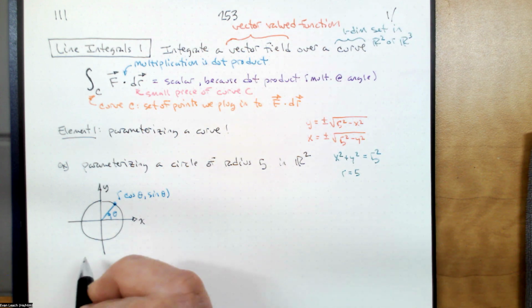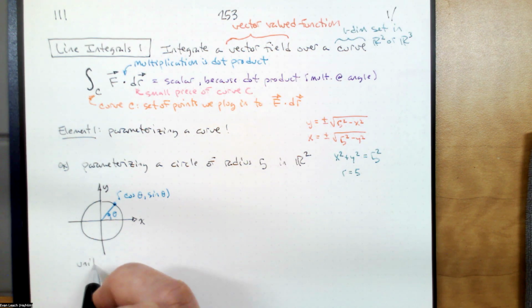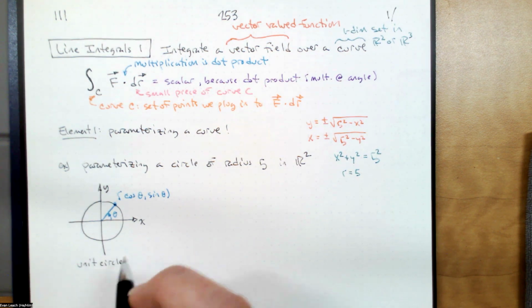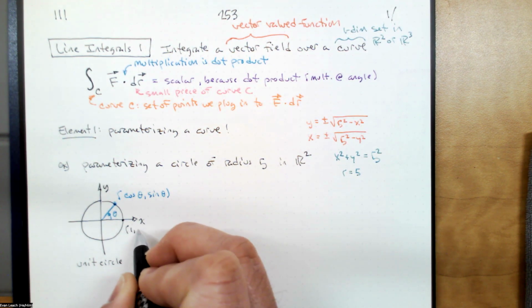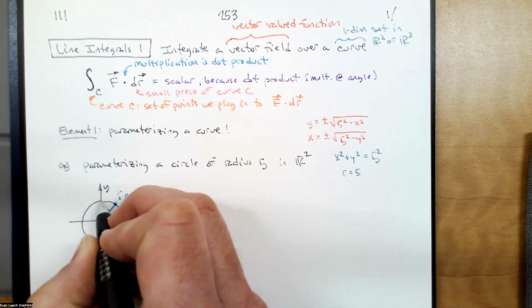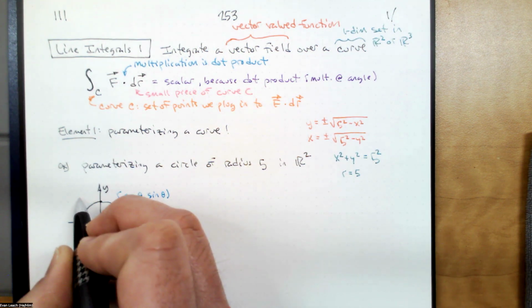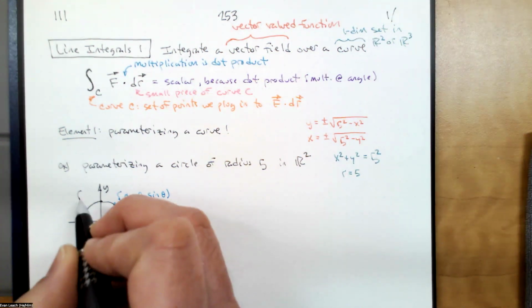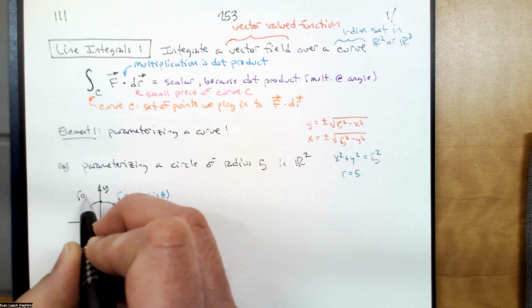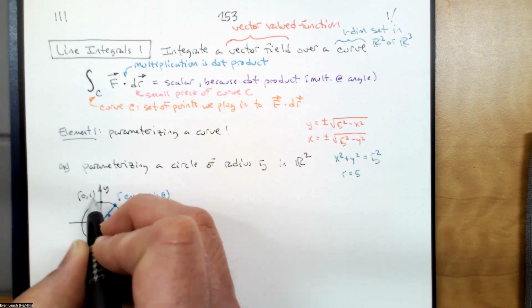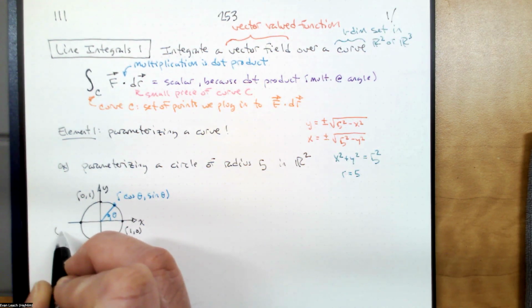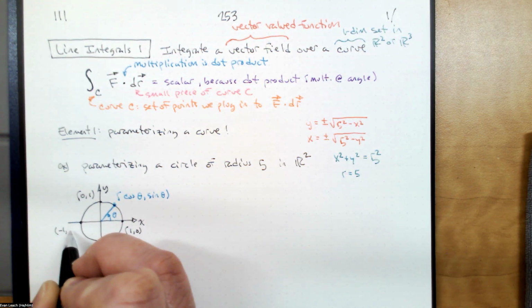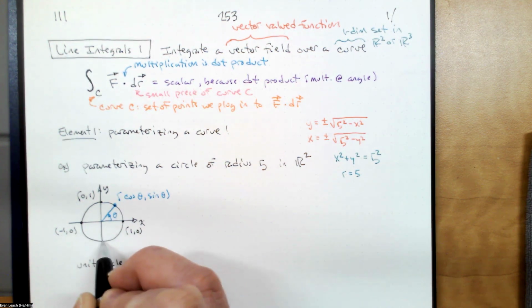So this is on a unit circle. We can see cosine when theta is 0 starting off at 1 and sine starting off at 0. And then when theta gets to pi over 2, cosine has dropped down to 0 and sine has gone up to 1. And when theta is equal to pi, cosine has dropped to -1 and sine is back down to 0.